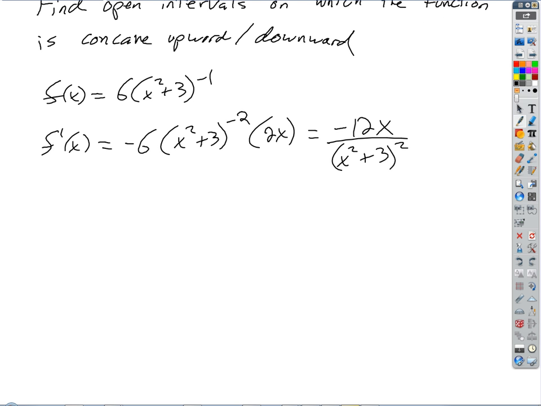Either we're going to use product rule here or quotient rule here. Let's just use quotient rule. Let's pull the negative 12 out front, how about? That'll make things a little bit easier. And then we just have the quotient of that. So what's that going to give us?